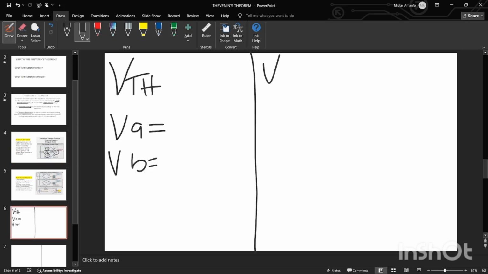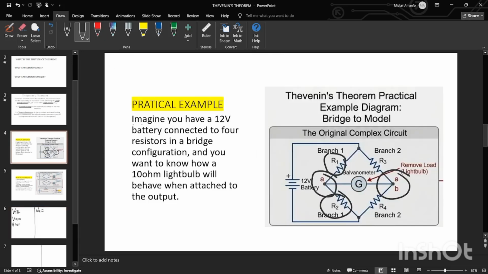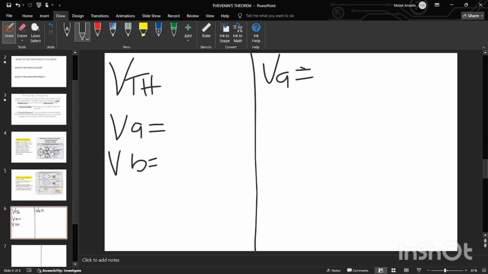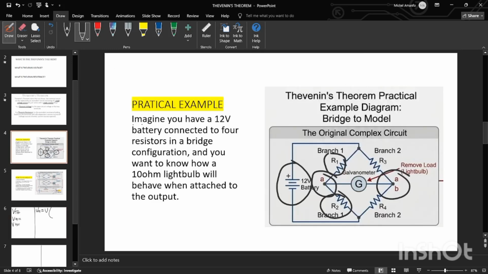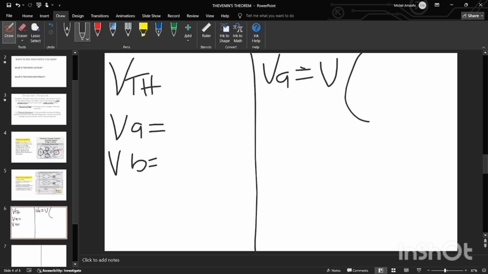For the volt at terminal A, we will first consider the total voltage. So the total voltage times resistor 2, all over resistor 1 plus resistor 2.